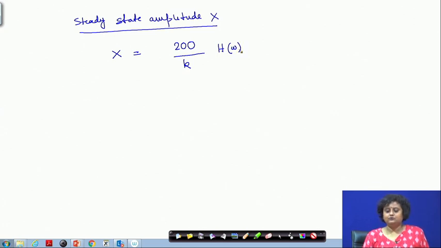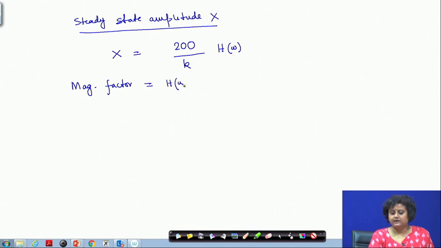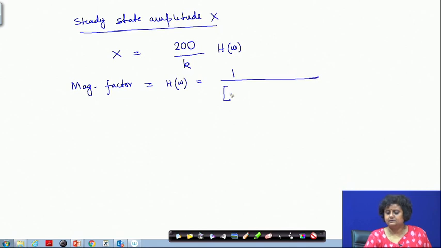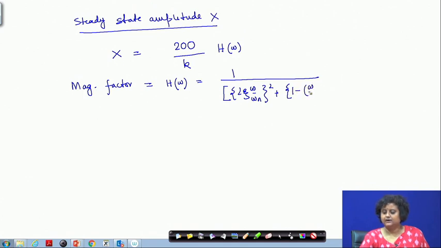So, I need to find out the magnification factor first. H(omega) is equal to 1 by the square root of (2 zeta omega by omega n) squared plus (1 minus omega by omega n squared) squared.